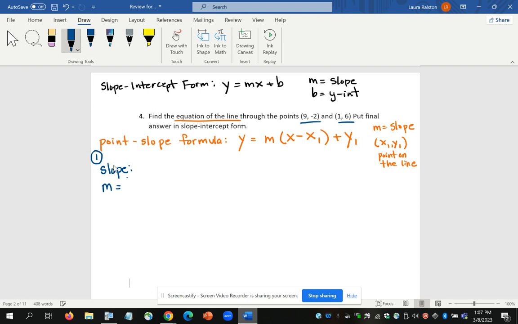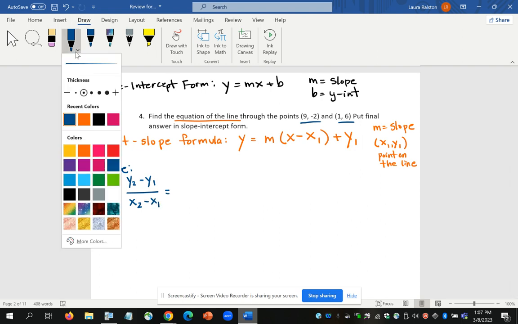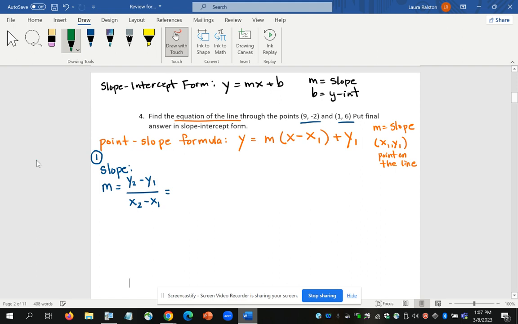The slope formula, remember, is y2 minus y1 over x2 minus x1. Again, I tend to label my points so that I don't get confused. So I have x1, y1, x2, y2. It doesn't really matter which one I make point 1 and which one I make point 2. I just tend to work left to right. So then I'm going to plug and chug.